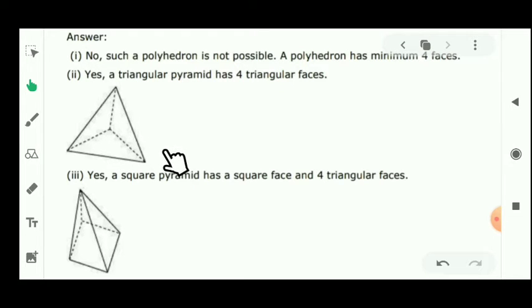That means 4 faces. Let's see the third part. Yes, a square pyramid has a square face and 4 triangular faces. One square face you can see in the bottom, and 4 triangular faces you can see 1, 2, 3, and this one, 4.